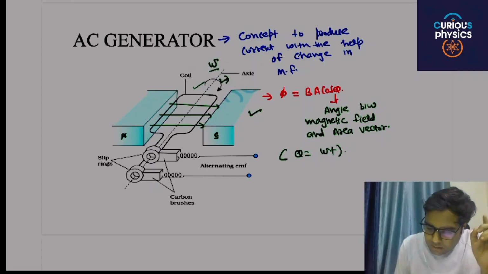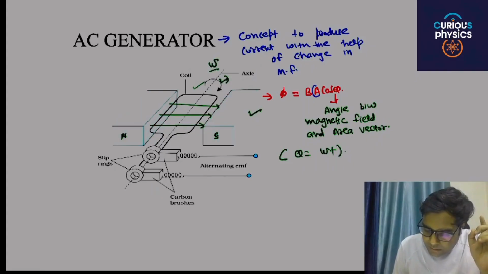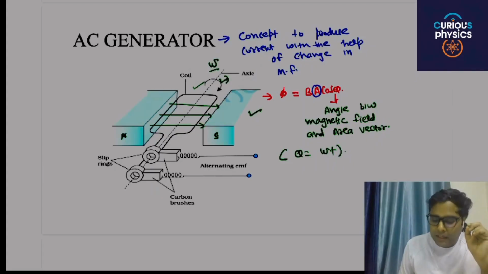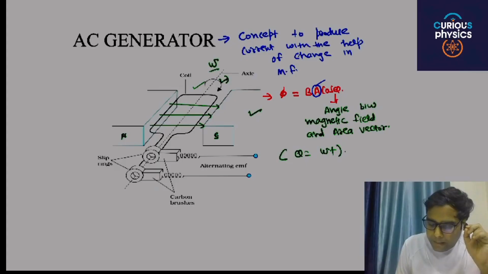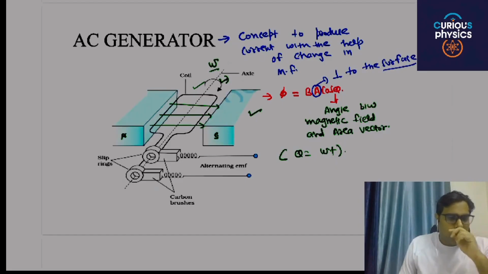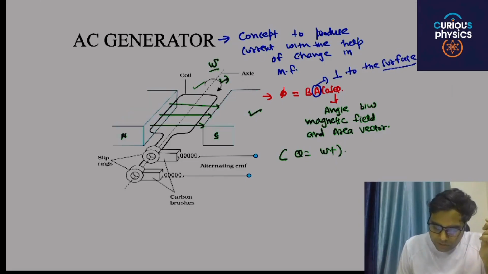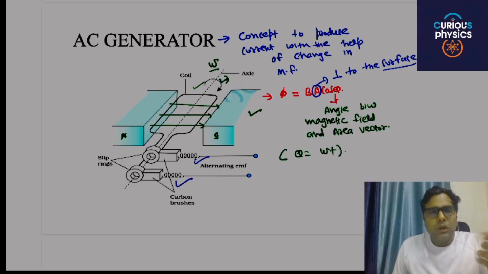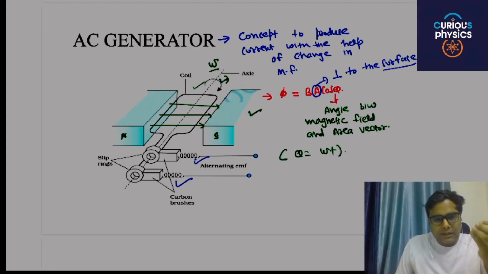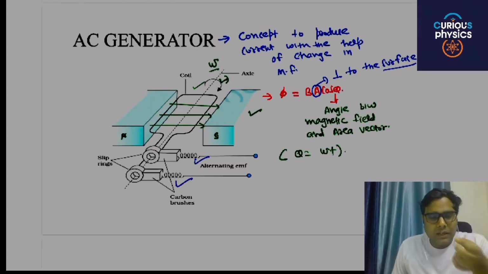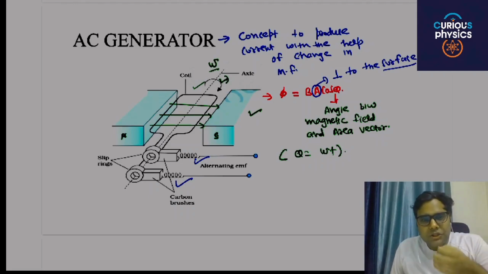As we know, in the case of a loop, the area vector is perpendicular to the surface. Are you able to get my point or not? This particular structure is used to take the current which is produced by this AC generator.